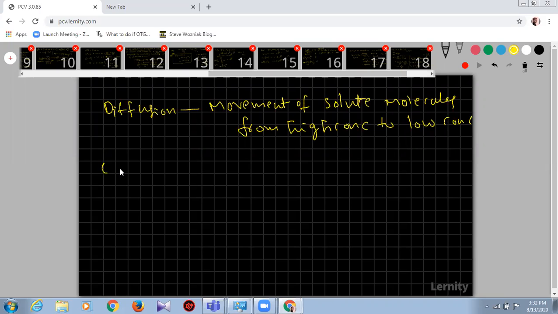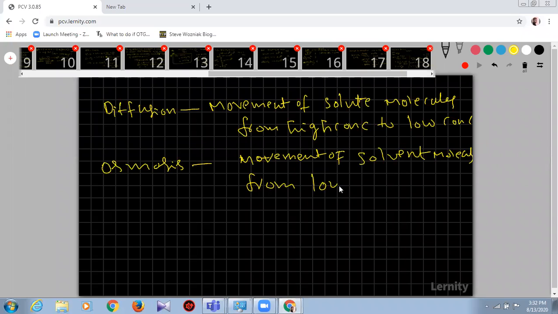Then come to osmosis. Here it is the movement of solvent molecules from low concentration to high concentration. Hope you understood the difference.